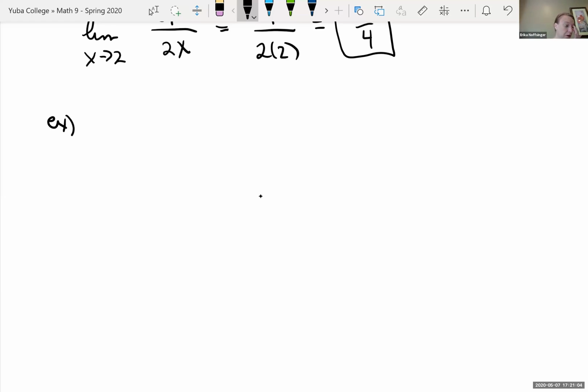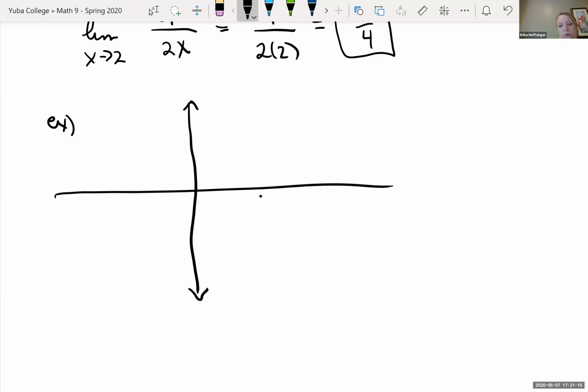Okay. So now you should be able to look at graphs and find limits by looking at the graph. Okay, so I'm going to give some points while I'm doing this. So we have 1 point of the graph, which is at -2, 0. So x-intercept of -2.